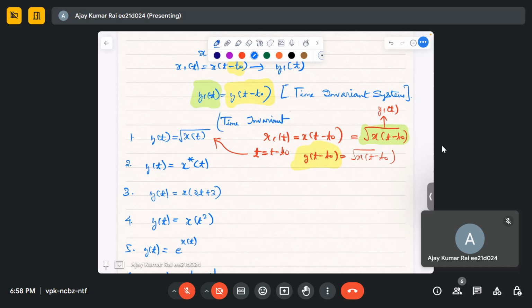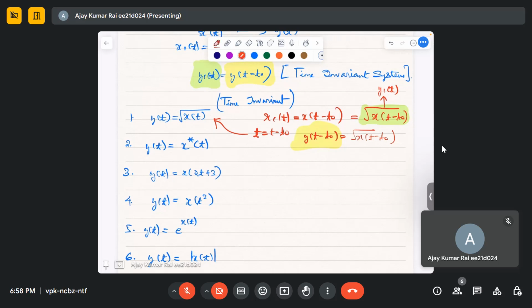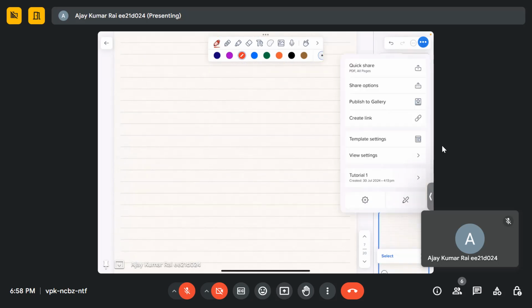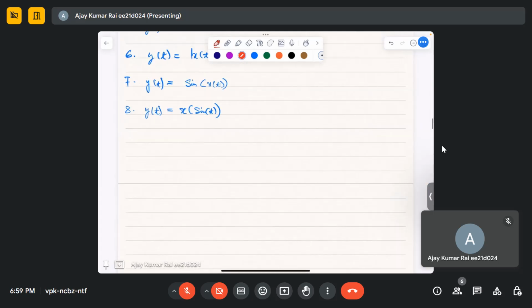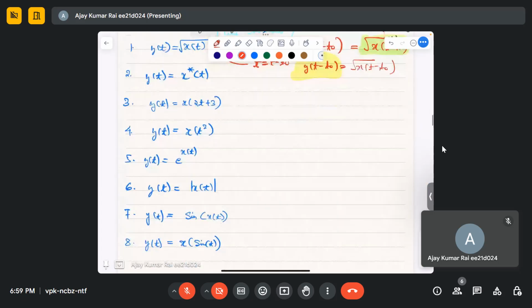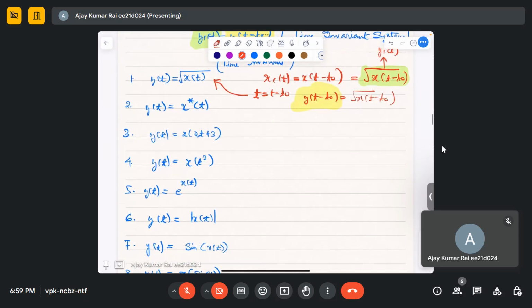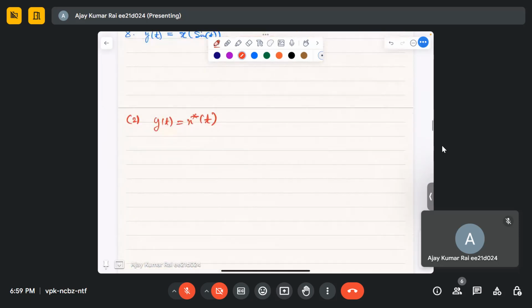Okay. First one. So let me do sequentially. For the conjugate part. Yt equal to x of t conjugate. So what I'm going to do, then I'm going to delay the input by t naught.